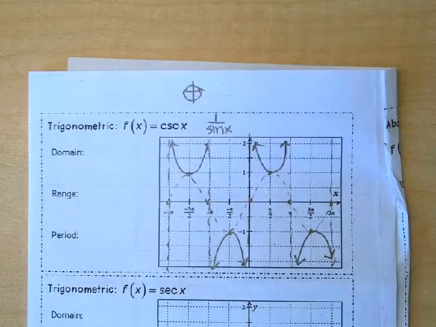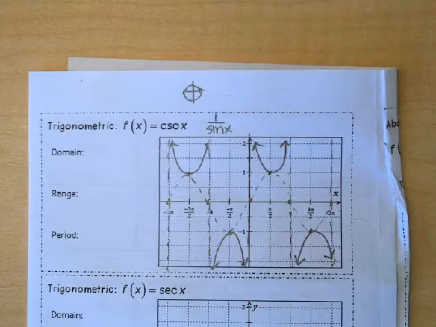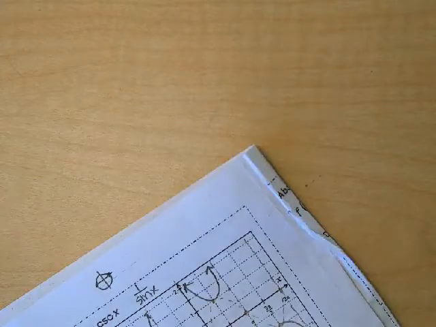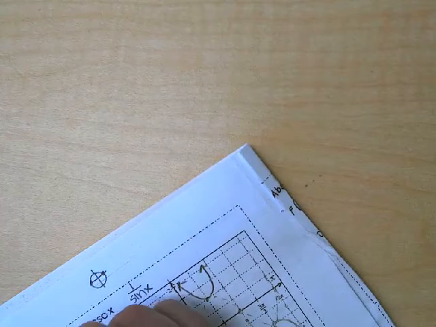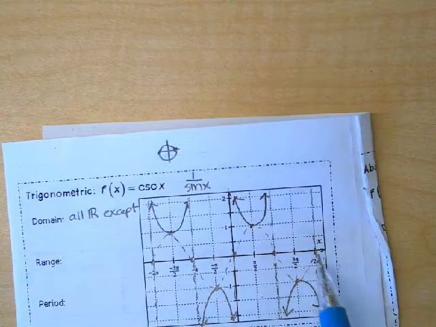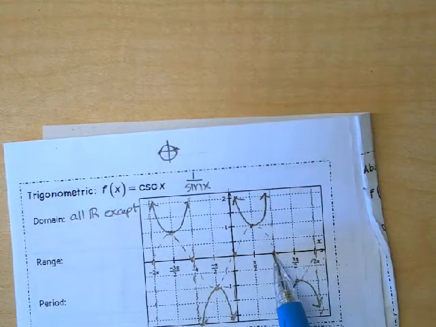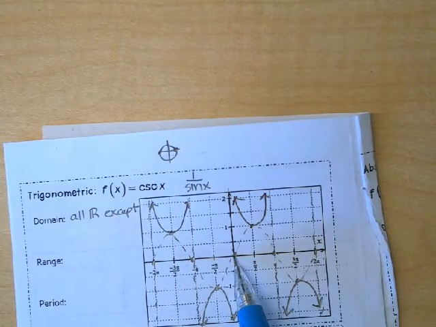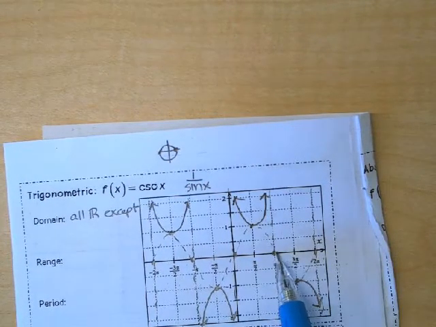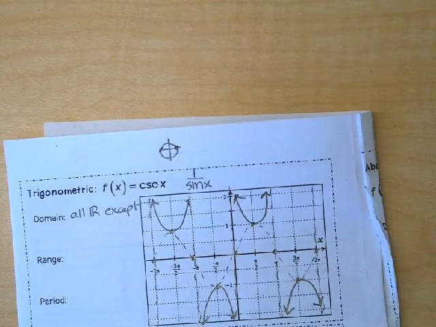Okay, so that's it. So the domain is going to be all real numbers, except, here we go again, odd multiples of, is it pi over 2? Let's see, 0, pi, 2 pi.